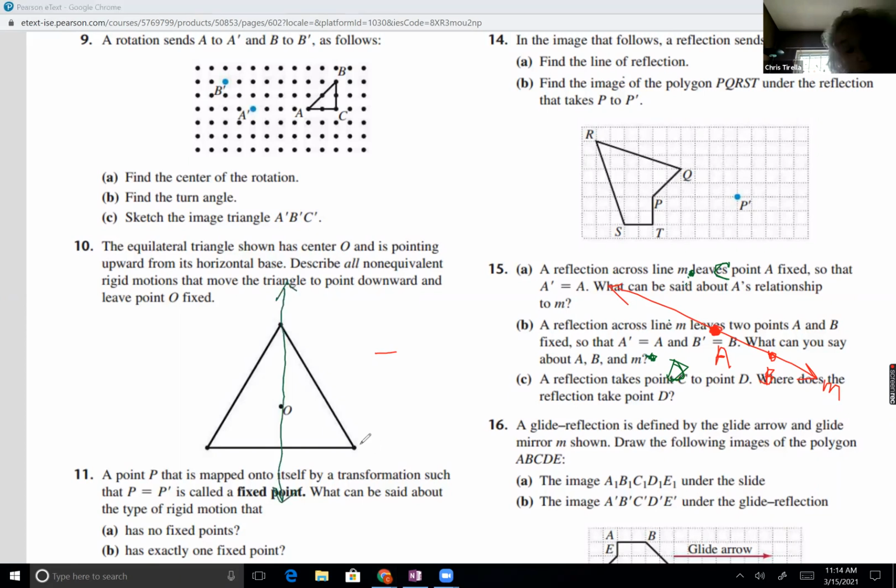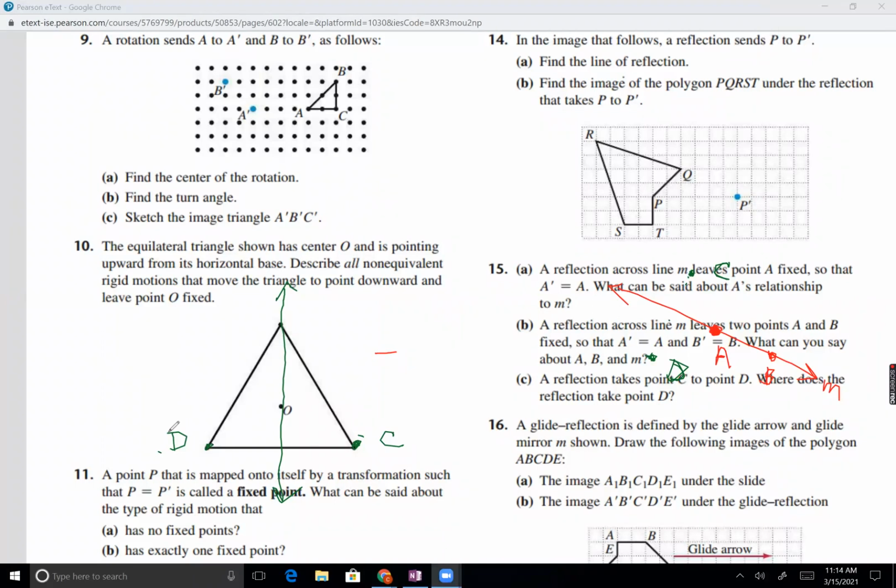And if I folded, C would end up on D. Wouldn't D also end right back on C? So that the image of one point would be the pre-image of the other. Kind of cool, huh?